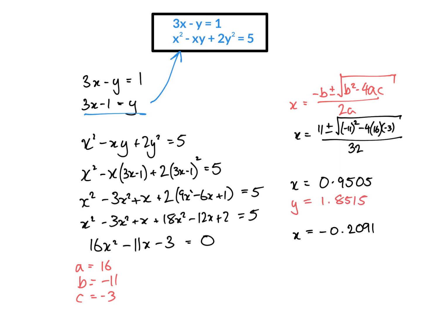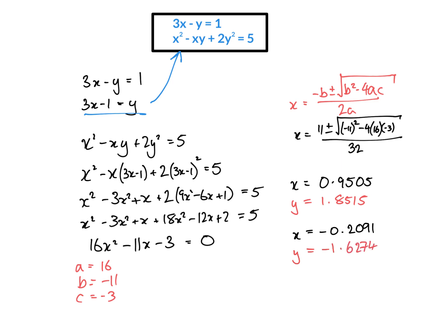And whenever x is minus 0.2091, if we put that into here, 3 times minus 0.2091, and then take away 1, we find that y equals minus 1.6274.